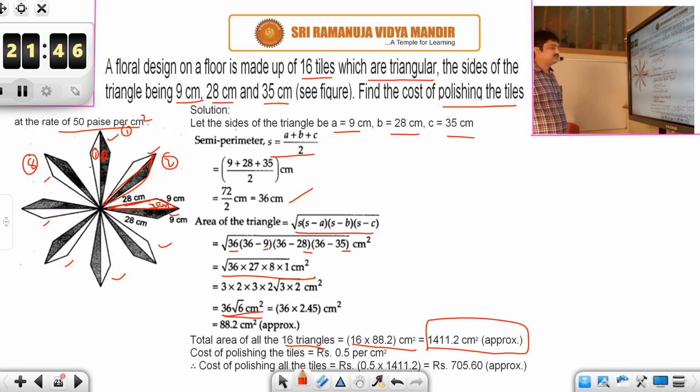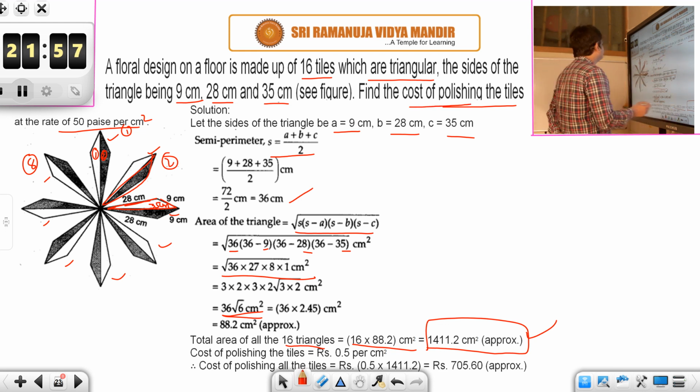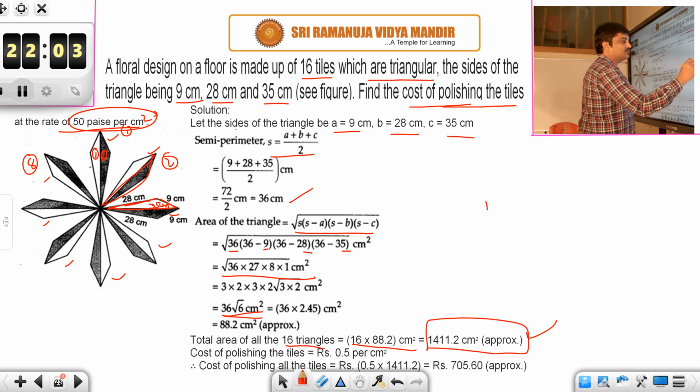I mean all these 16 tiles occupy this much area. But what is given in the question? You have been asked to find the cost of polishing the tiles at the rate of 50 paisa per centimeter square. So what it means is, to polish 1 centimeter square of area, it costs 50 paisa.